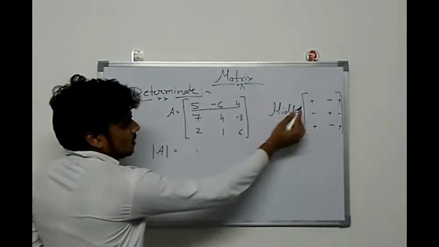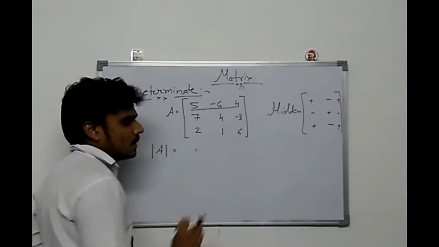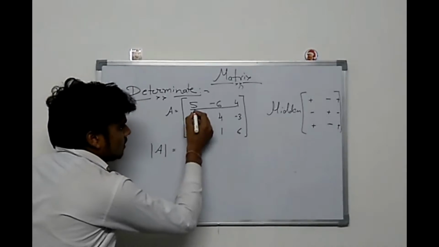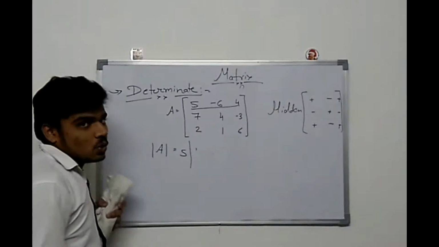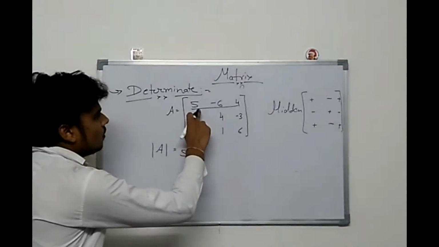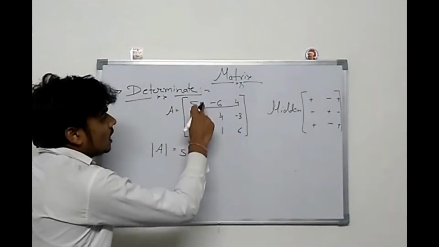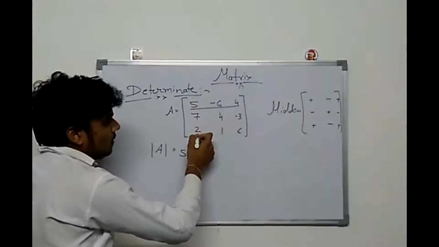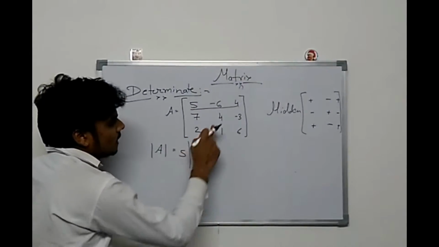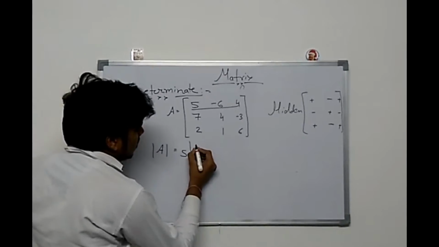First we take the 5 and write the determinant of the 5. Then we ignore the row and column of the 5. What is left is 4 1, minus 3 6, and we write that.